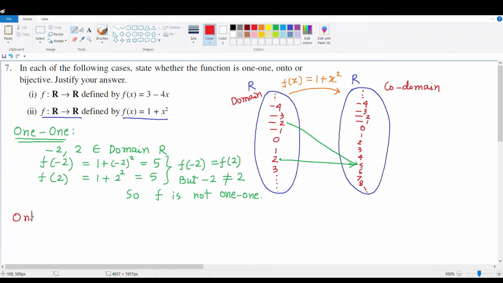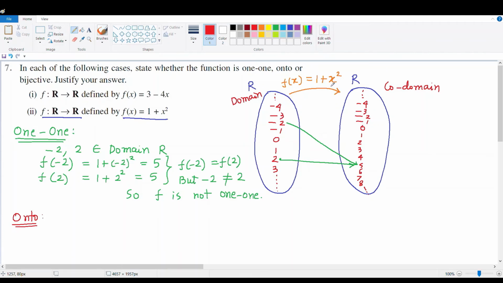Now onto. A function is going to be onto when all the numbers in this codomain are occupied by this domain, or all the numbers in this codomain have a pre-image in the domain. So see, 1 plus x square. Negative numbers are definitely not going to get connected to any of the domain numbers. Why?